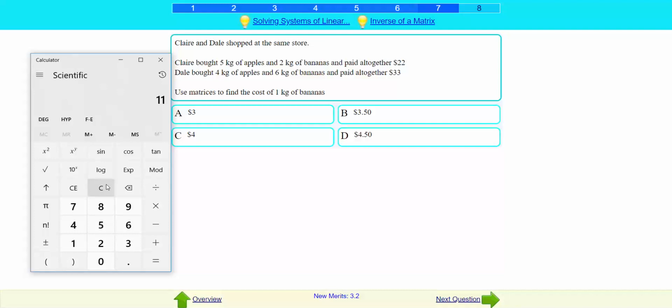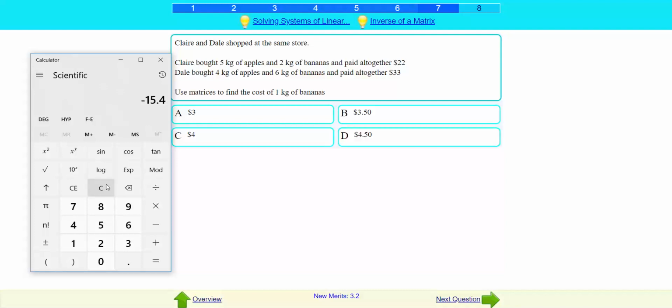So we should do 1.6 subtracted by 6, which gives negative 4.4, and then 17.6 subtracted by 33, and that's negative 15.4. And now we should divide the second row by negative 4.4.